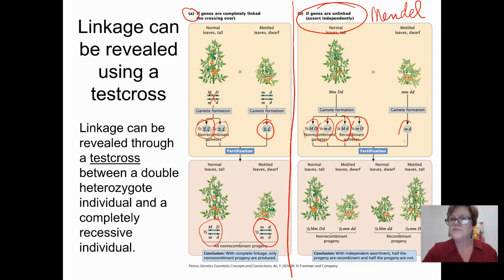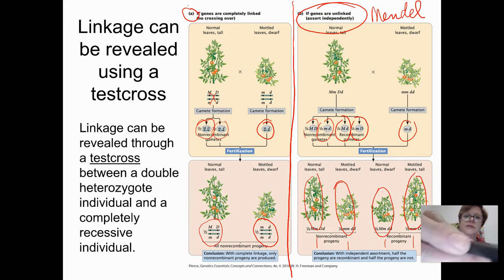And when that would be fertilized by the gamete type from the completely recessive individual, you would expect to get equal amounts of all four offspring groups. So that's called the 1:1:1:1 ratio.